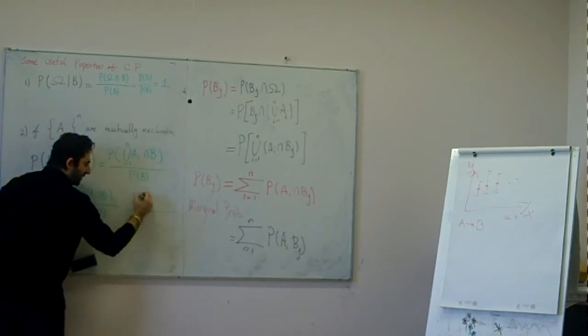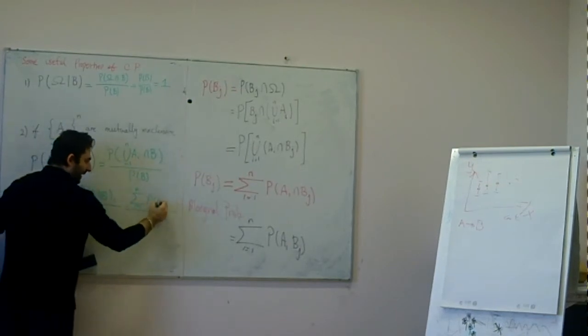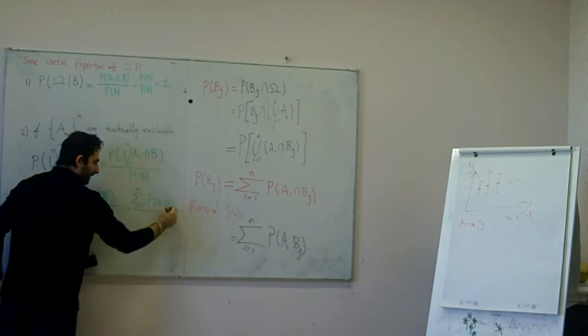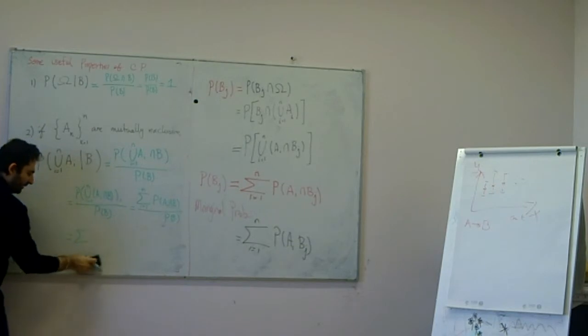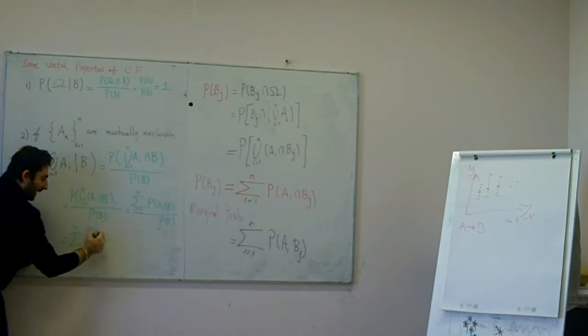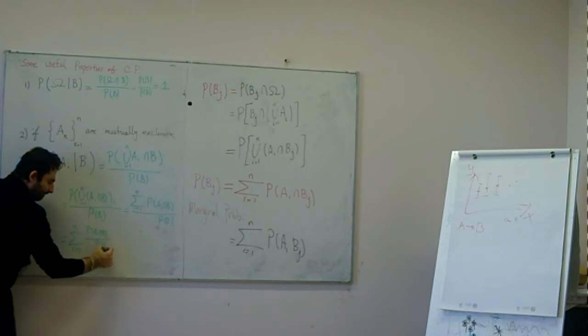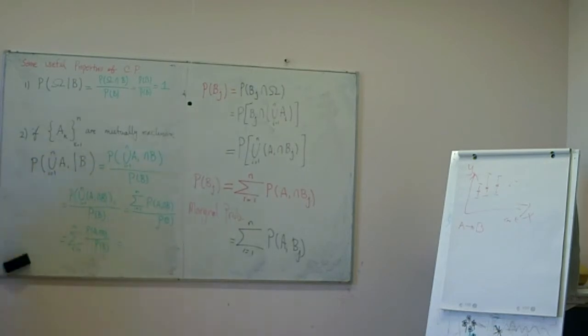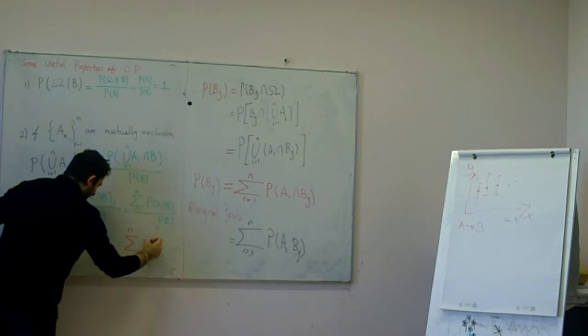So it will be the summation i from 1 till n of P of (Ai intersection B) divided by P(B). And this is the summation i from 1 till n of P(Ai intersection B) divided by P(B), which is the final formula, the summation i from 1 till n of P of Ai given B.